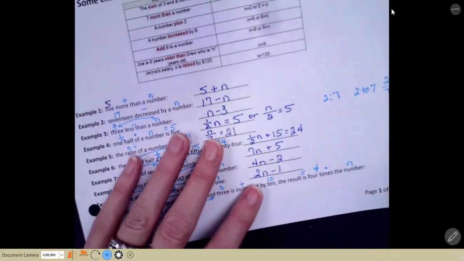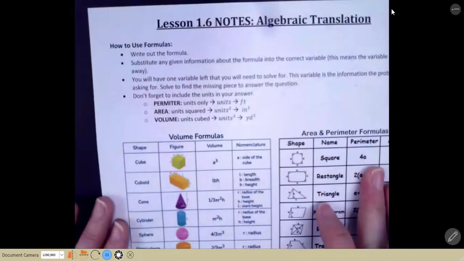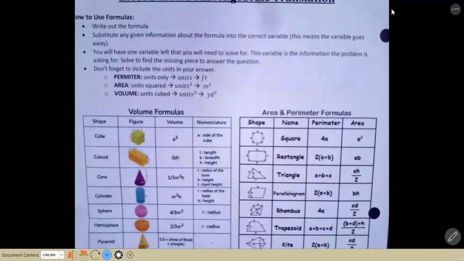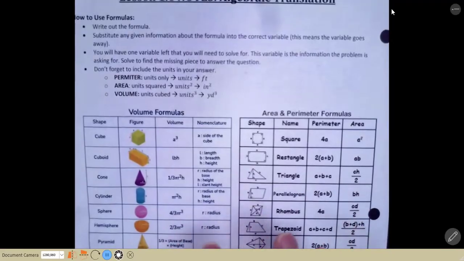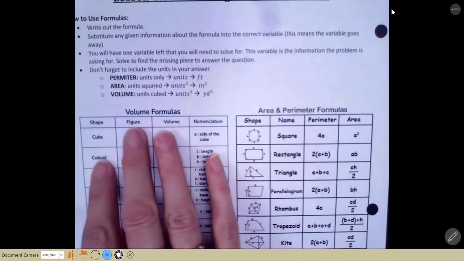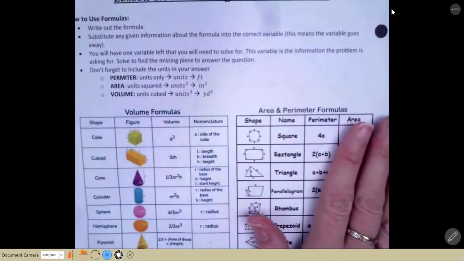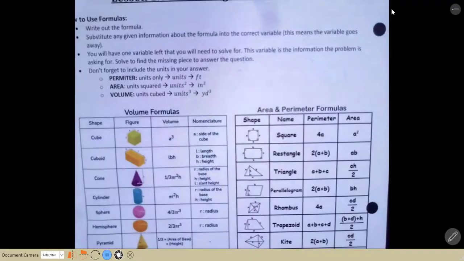Okay, let's go ahead and go to page 2. Page 2, we're dealing with geometric formulas for the most part. Some of them are not, but I do have the formulas here. Some you will need, some you will not. So whenever we're dealing with a word problem that requires multiple variables or a formula, you must always write it out.